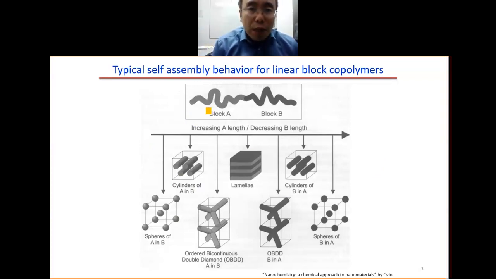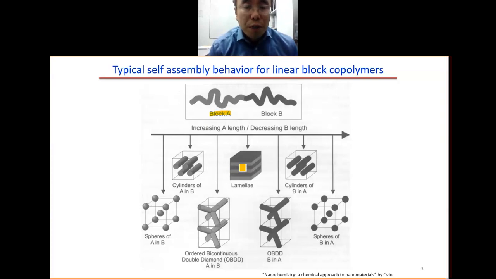For example, here we have block A and block B. If the block A volume is very small, block A will form spheres embedded in block B. Then with more block A, it will form cylinders. With even more, we form this double diamond. When the volume of block A and block B is the same, we form lamellae.